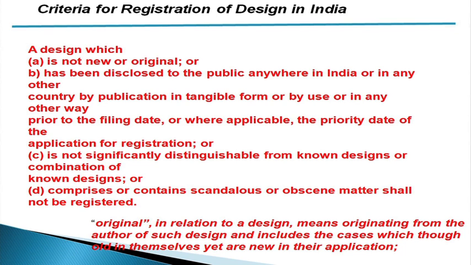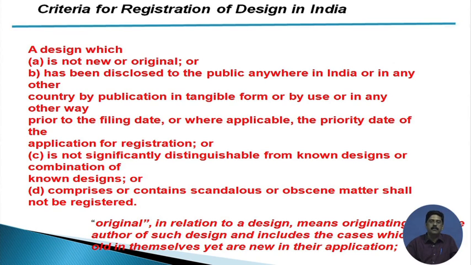Okay, so now you understood the criteria for industrial design registration. For example, consider this chair where I am sitting, this PC or computer, or that LCD projector. All of these can qualify as an article.